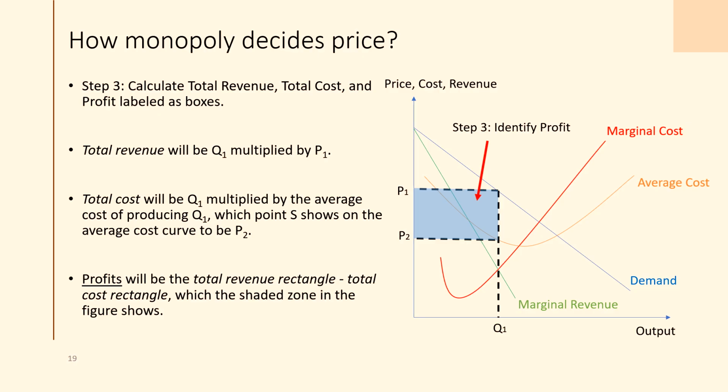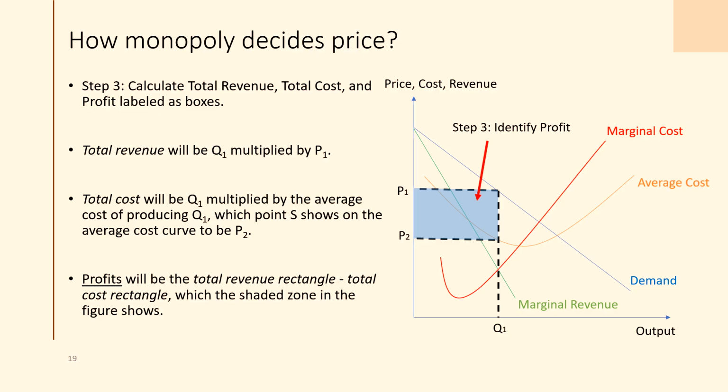Now let's complete the analysis by calculating profit. First, total revenue equals price multiplied by quantity. So total revenue is P1 times Q1. This is shown by the large rectangle from the origin up to price P1 and across the quantity Q1. Next, total cost equals average cost multiplied by quantity.